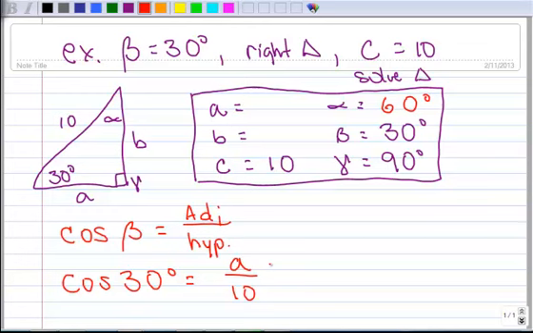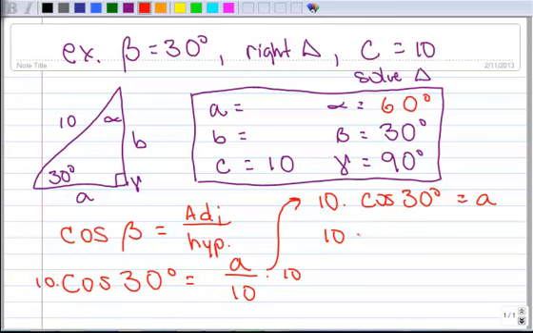Alright, so let's solve that one and move up here. And as I do that, I'm going to multiply both sides by 10. So I'm going to have 10 times the cosine of 30 degrees equals A. Then I have 10 times the cosine of 30 degrees is square root of 3 over 2 equals A. And so A is going to be 5 times the square root of 3.